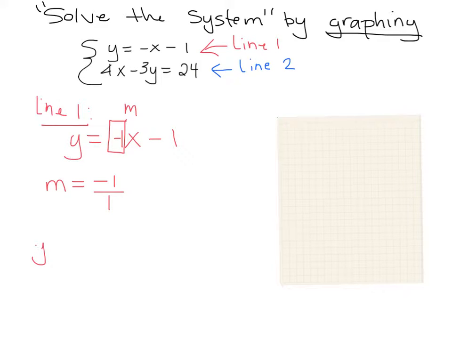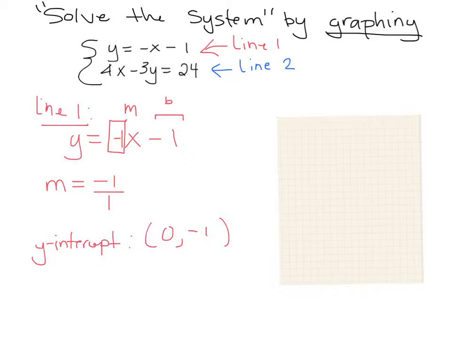Let's also write out the y-intercept, specifically the y-intercept, not the x-intercept. The y-intercept is always (0, b). Here is your b, and my b is negative 1 in this case.